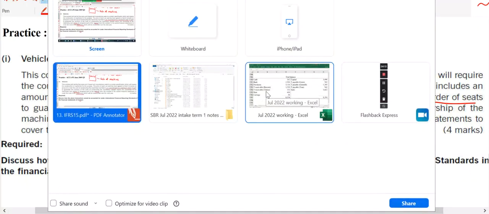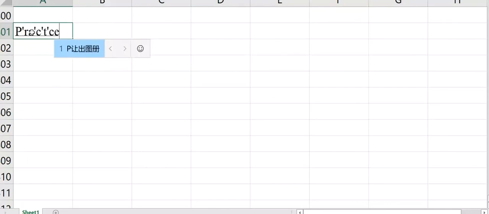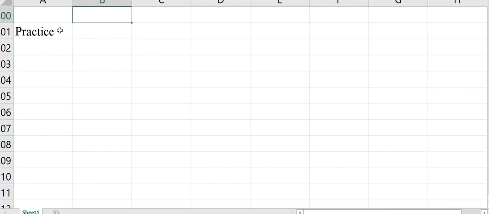Let me show you the answer. Okay, you can take out a blank paper and start to take down the answer. Now, turning back to the exam question, page 10.